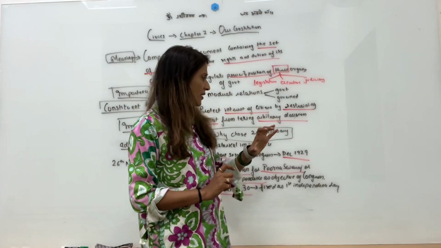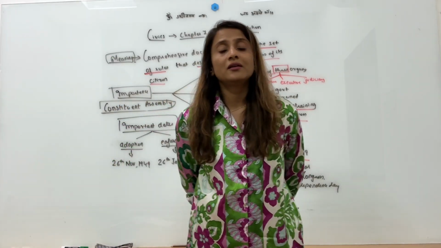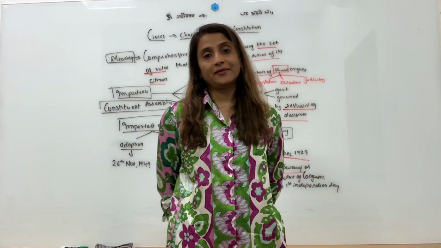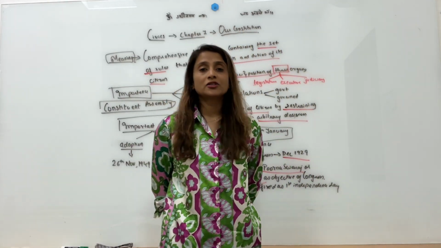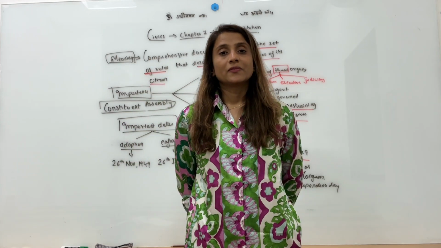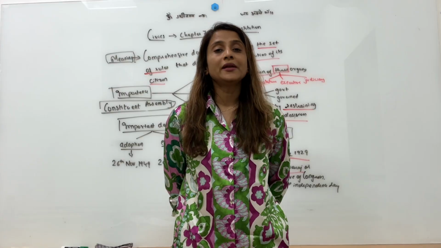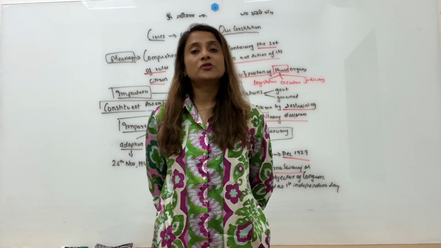Let me again just quickly tell you about this. A very important question. In the year 1929, in the month of December, Indian National Congress had passed a resolution of complete independence or Purna Swaraj, which will be objective of Congress.